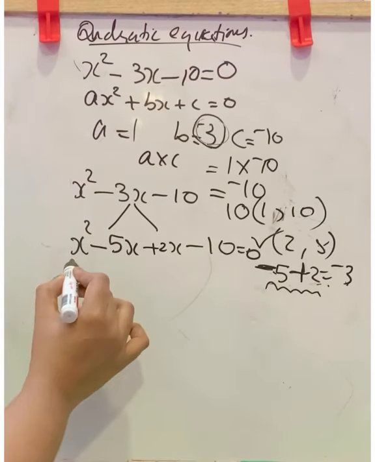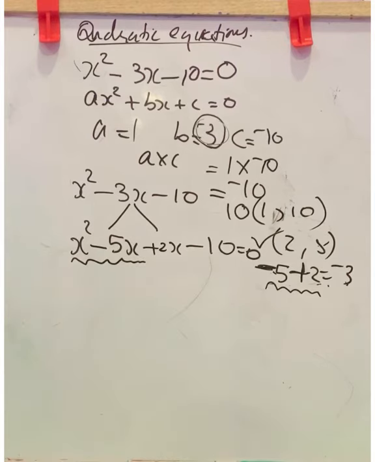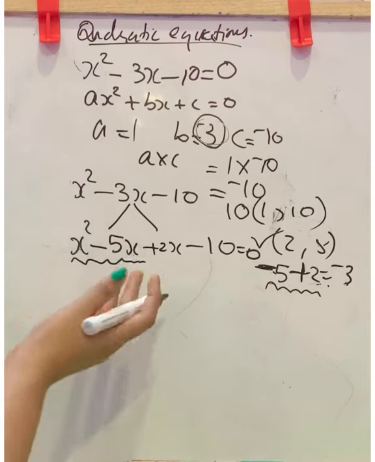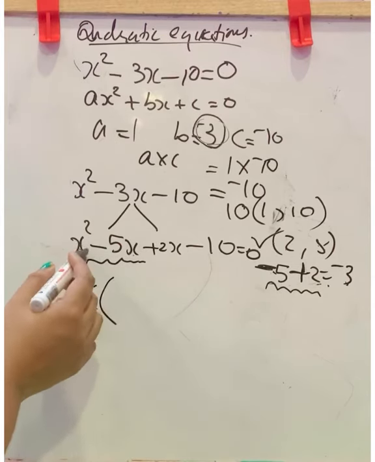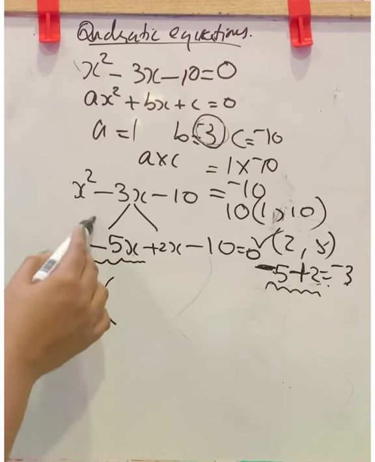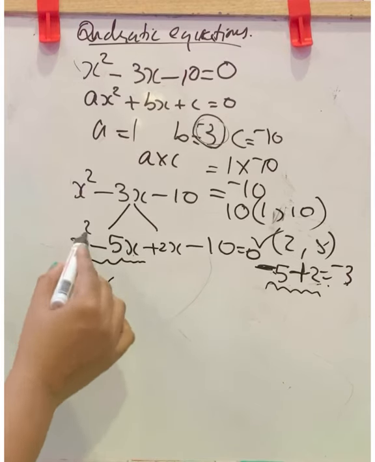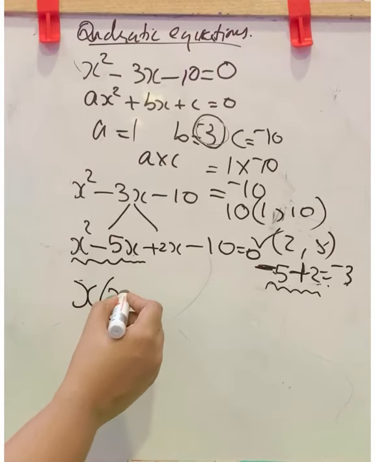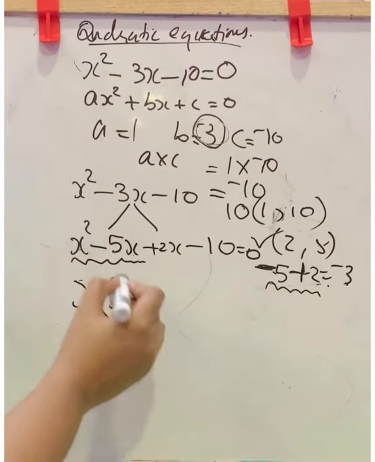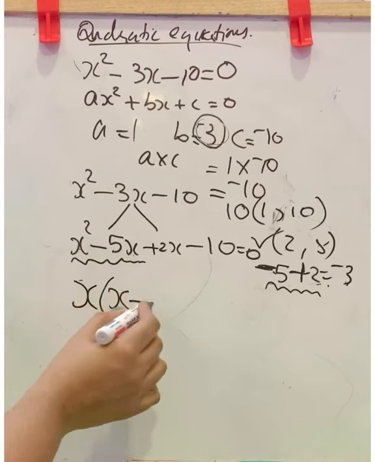Now next step. The next step is to consider the first two terms, here x square and minus 5x. What is the common factor in these two terms? You can see x is a common factor. So take that common factor outside, x. Taking x outside, what is left here? In x square, 1x is taken outside, so here will be 1x. Minus is there, don't forget minus.